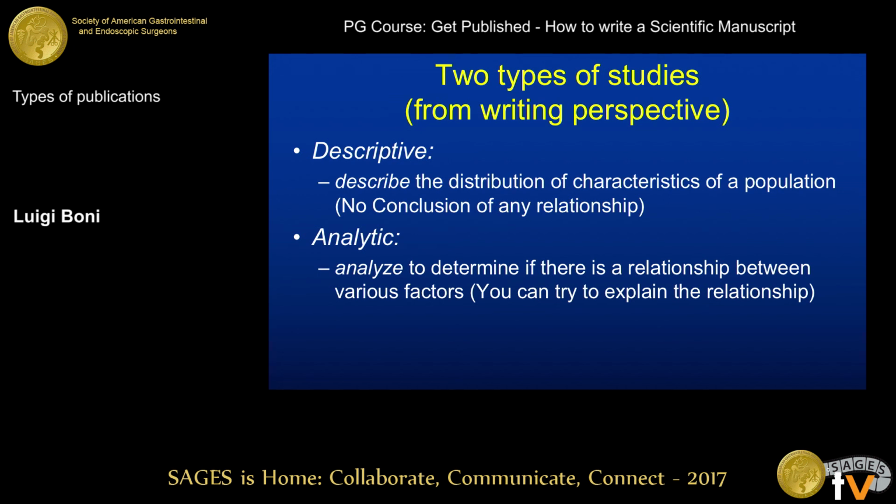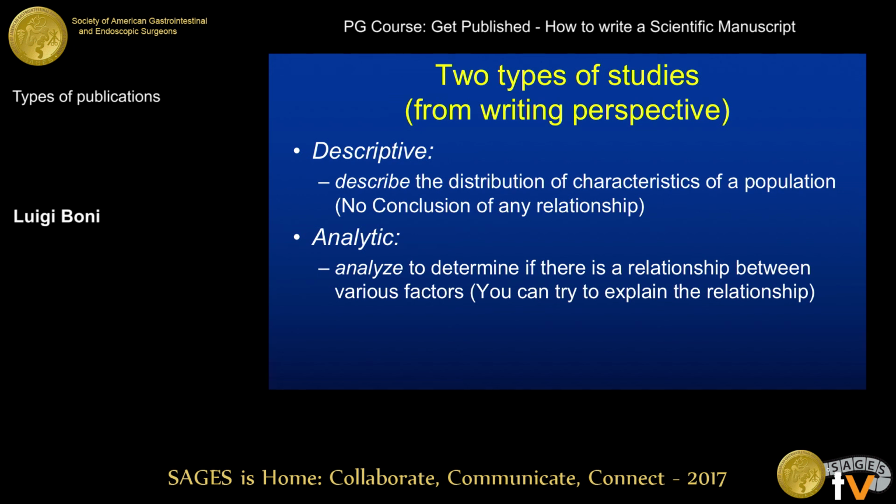From a writing perspective, you can have a descriptive study. It means that you really cannot draw any kind of conclusion about a relationship between one factor and another, but you just describe the distribution and the characteristics of the population that you studied and the results that you have.